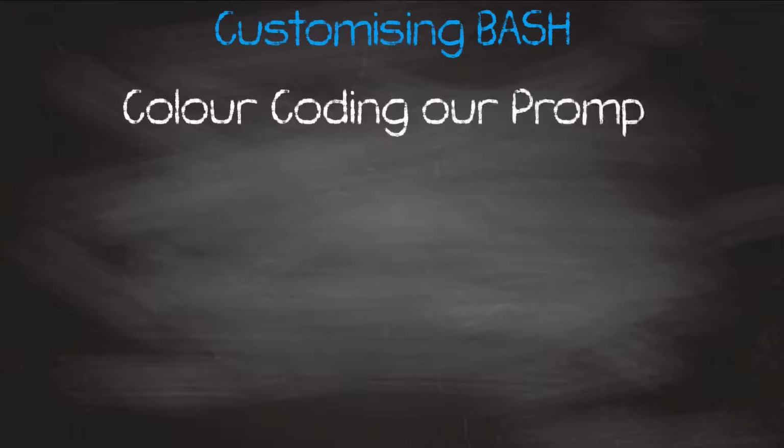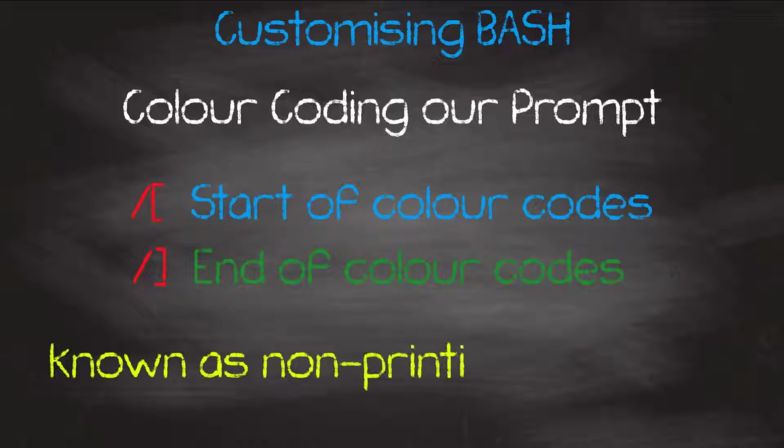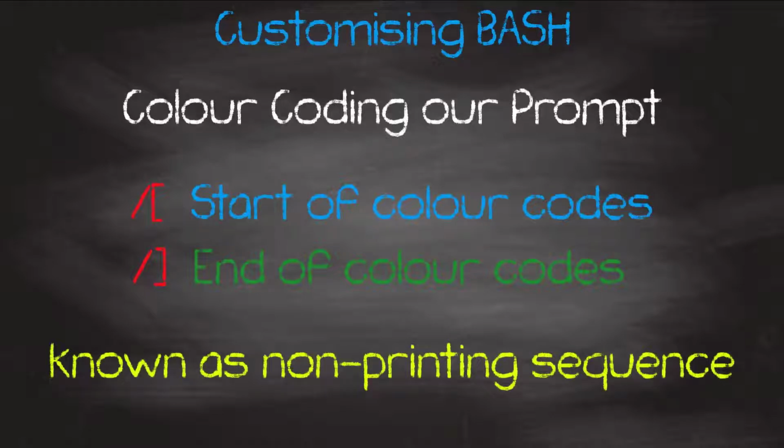Moving on to how we color code our prompt. Again, more special characters. Firstly, to use colors, we have to tell bash there are color codes by using \[ to start the colors and \] at the end of the colors. These are known as non-printing sequences.